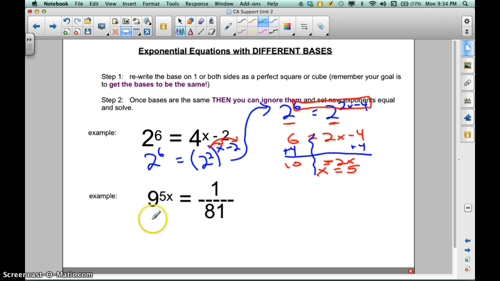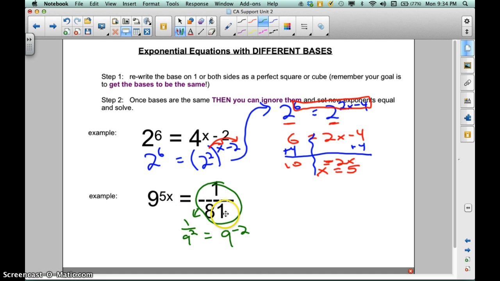So I may not want to mess with this 9 yet, because couldn't I take 1 over 81 and make it 1 over 9 squared? All right, and if I do that, 1 over 81 is 1 over 9 squared. Can I get rid of the fraction by using the negative exponent rule and writing that as 9 to the power of negative 2? Remember, 1 over something to a power is equal to that thing to the negative power.